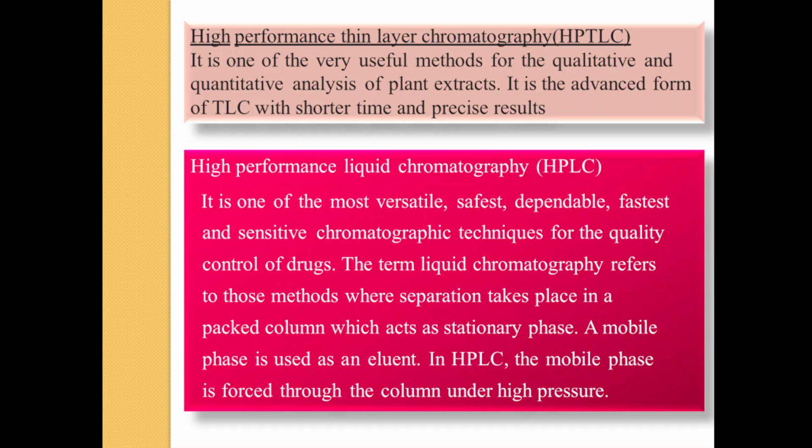In this way it is used for quantification, separation and identification of compounds. The mobile phase is used as eluent, the liquid which flows under pressure, so it is also known as high pressure liquid chromatography.